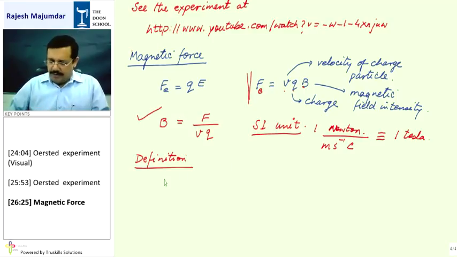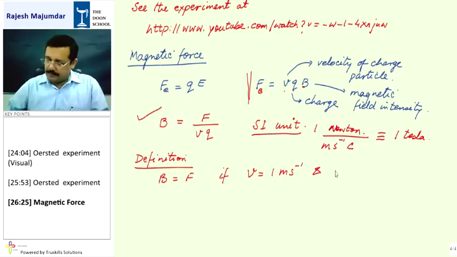So how do we define it? B is equal to F, that is, the magnetic field intensity will be equal to that force which arises if V is equal to 1 meter per second and Q is equal to 1 coulomb.